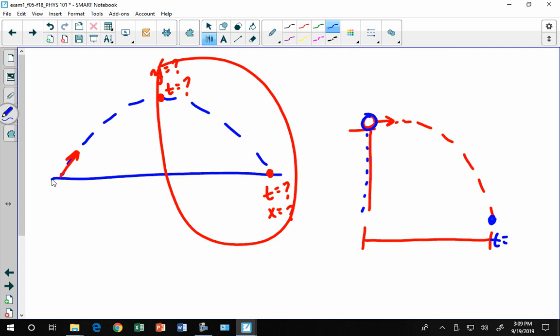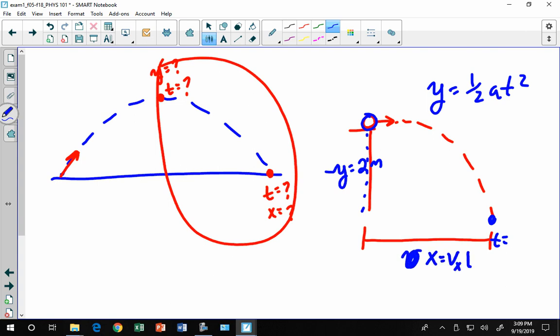And to find that time, if I know what y is, say y is equal to 2 meters, then I just say y is equal to 1/2 a t squared, because v naught y is equal to 0. I know a, that's minus 10. I know y in this case, it's -2. Remember your negatives, it starts at 0 and goes down, so it's -2. And I can find t. And then when I find t, I can find x, which is equal to vx times t.